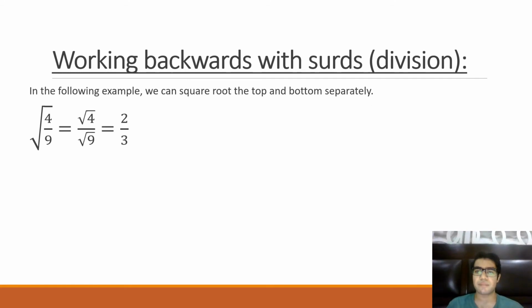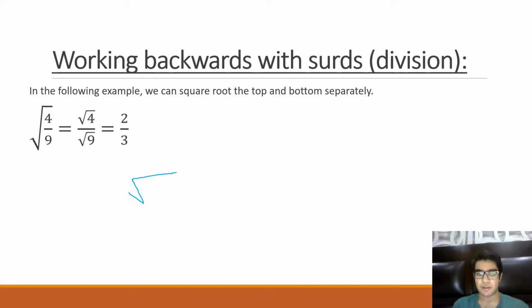Now this is working backwards. In the first case, for example, we had square root of 4 divided by square root of 9, and we combined it under one square root, which would be 4 divided by 9.